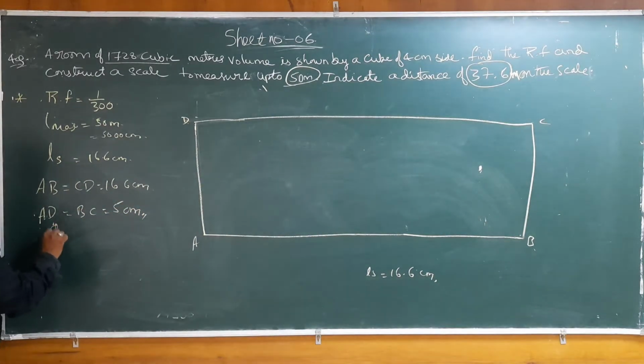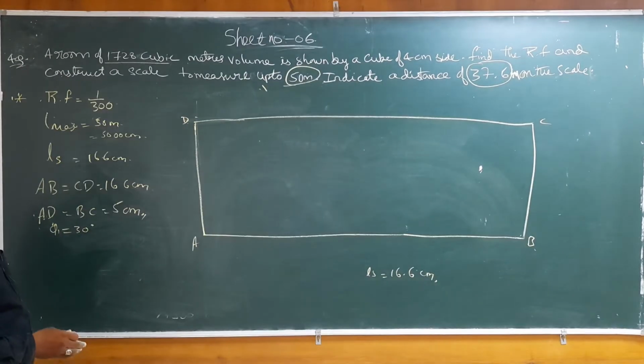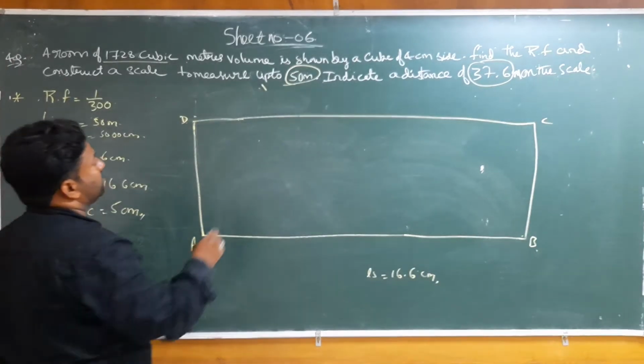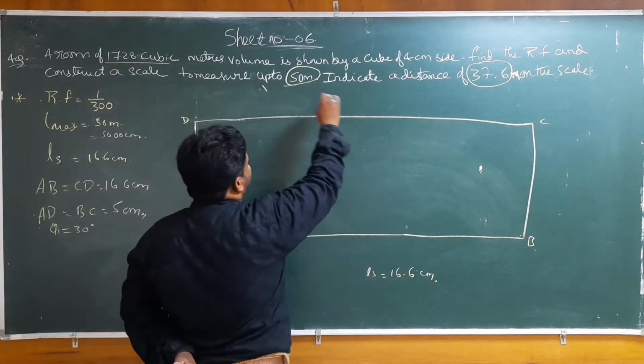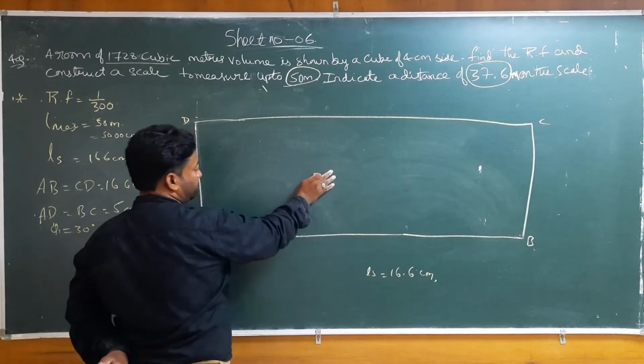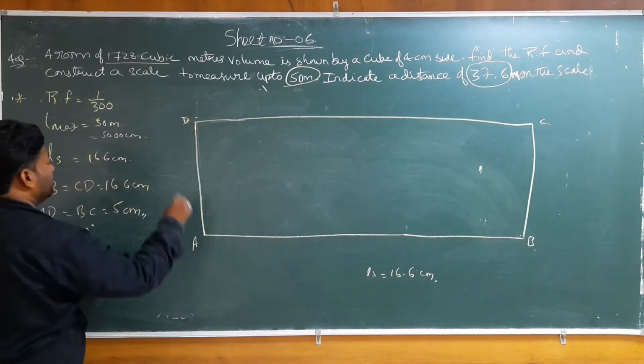Now theta 1 is equal to 30 degrees. We have to represent 37.6 and the maximum length is 50. So we will divide this into 5 equal halves. So each division is equal to 10 meters.